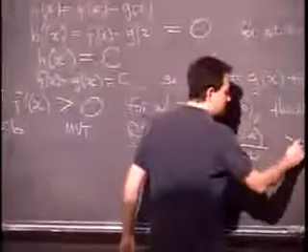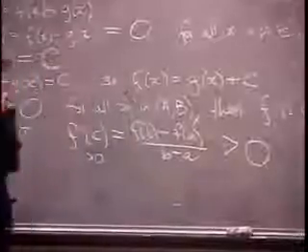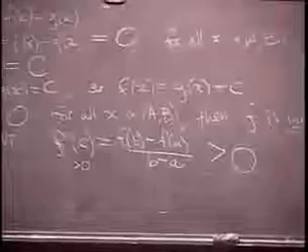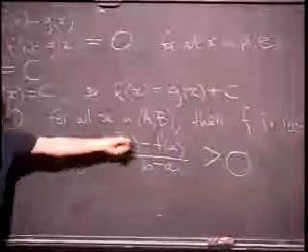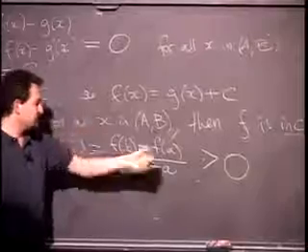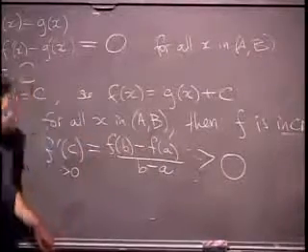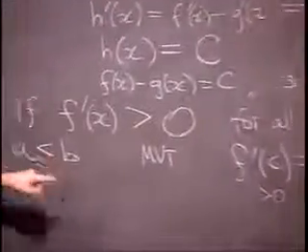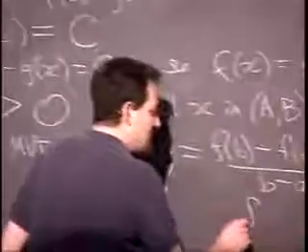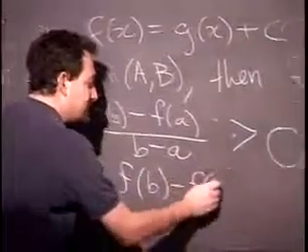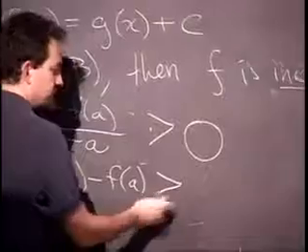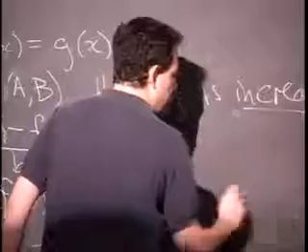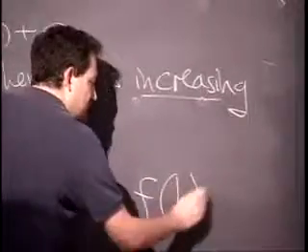So this quantity must be greater than 0. And I don't even know where c is. There's just some c in the middle, such that f prime of c equals f of b minus f of a over b minus a. That's all we need, because we now know this quantity is positive. And since b minus a is positive, after all, a is less than b, f of b minus f of a is positive. Or another way of saying this is that f of b is greater than f of a.